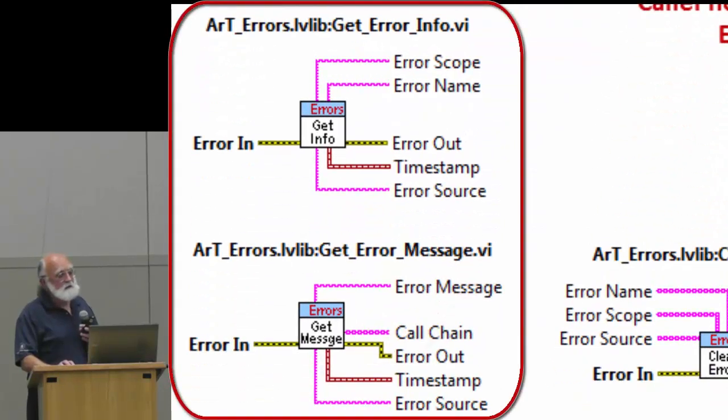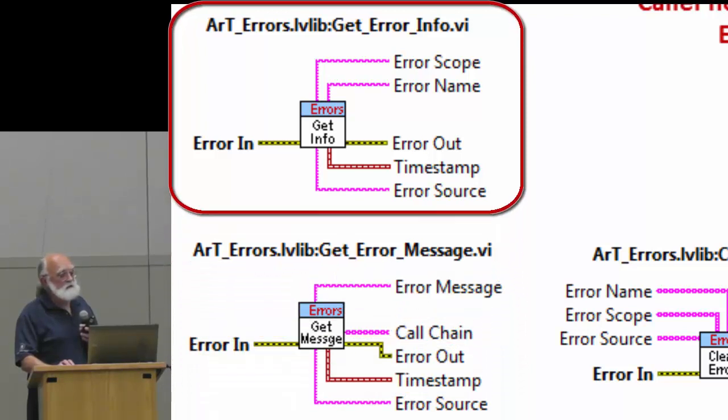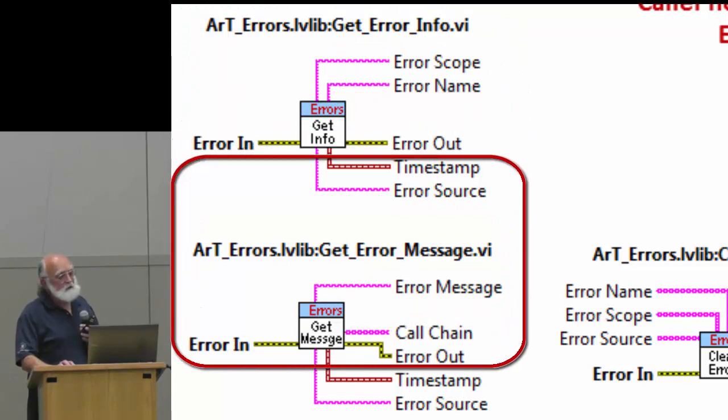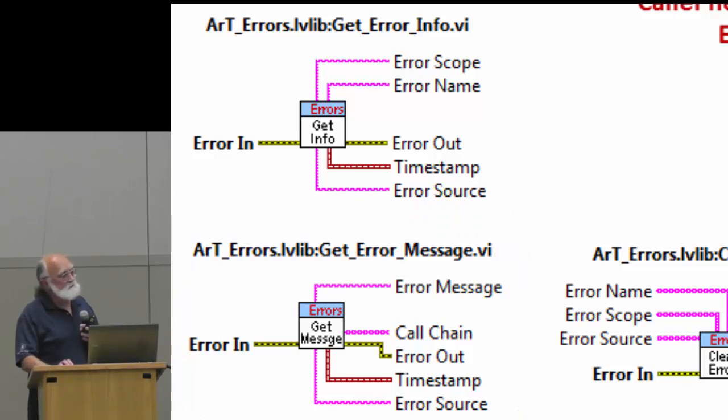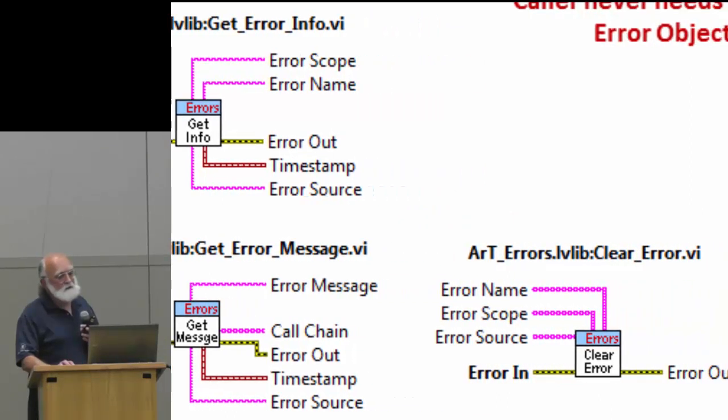This could be get error and get message as a single call, but they have two different use cases. One is for handling an error, another is for logging. And since I already have a lot of outputs, I decided to split those. But they have two distinct uses.